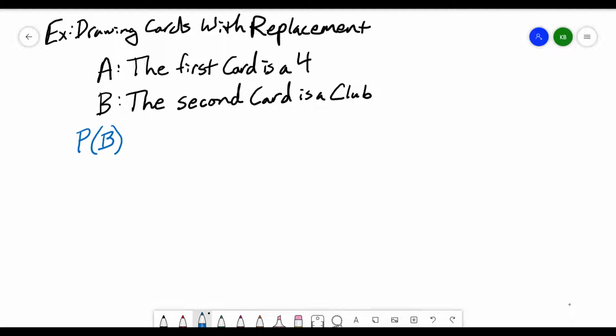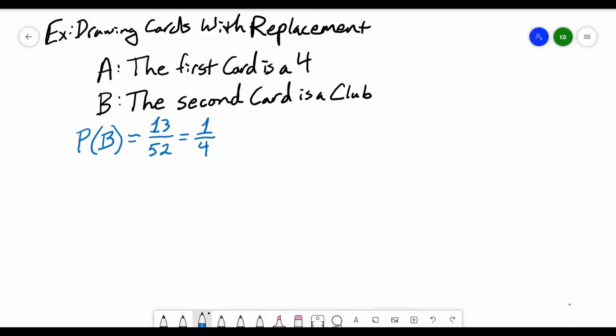So the probability that I draw a second card as a club, again, remember my denominator is my total number of outcomes possible. There were 52 cards in the deck, and my numerator is favorable outcomes, so the card being a club is a favorable outcome, and there are 13 clubs in the deck. So the probability that the second card was a club was 1/4.